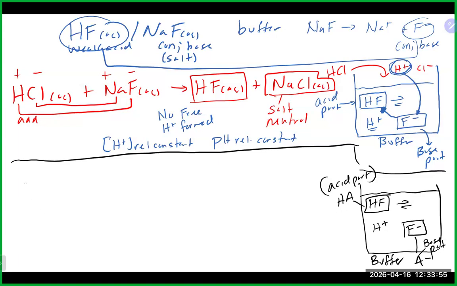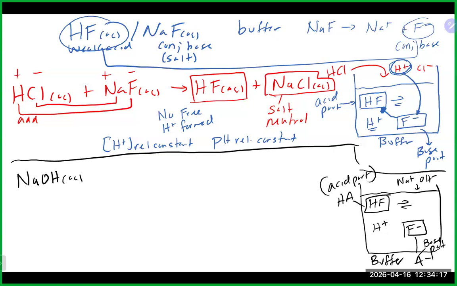So now let's say we added our sodium hydroxide to this, which obviously is a source of sodium and hydroxide that's going to go in for a swim. Now, when I add sodium hydroxide to my buffer, it should react with what thing?